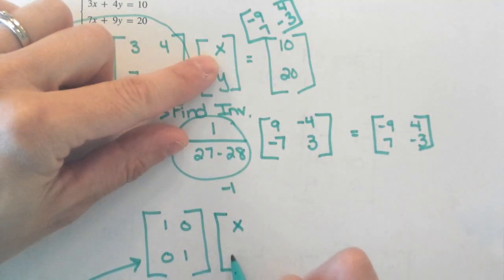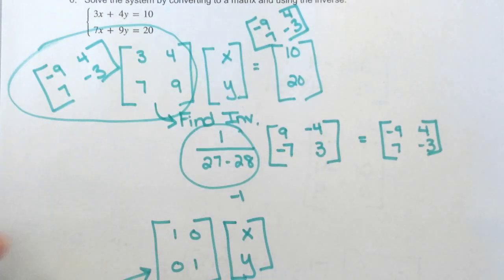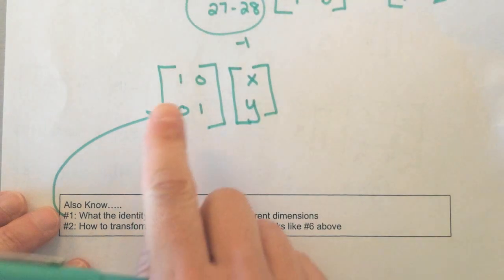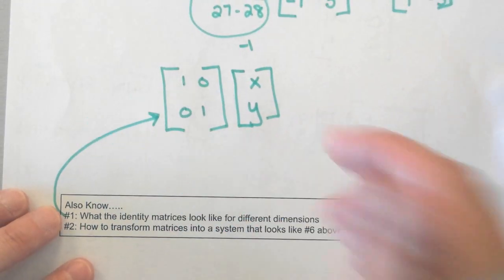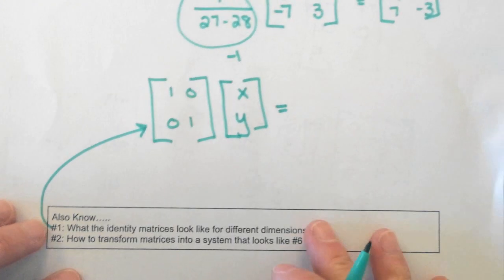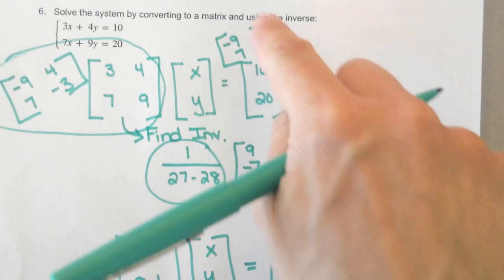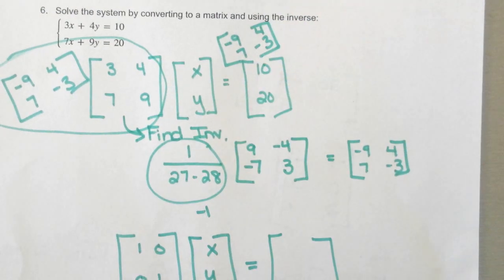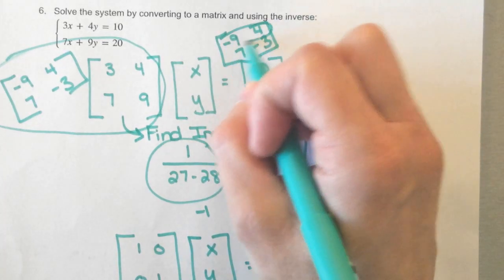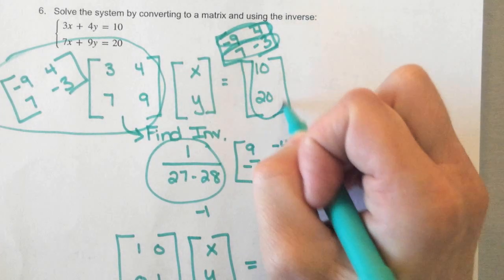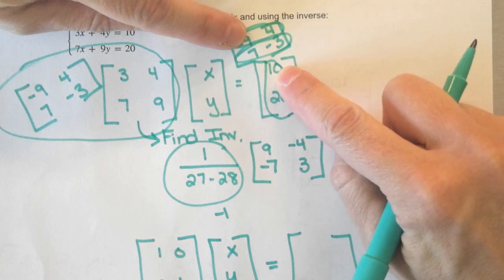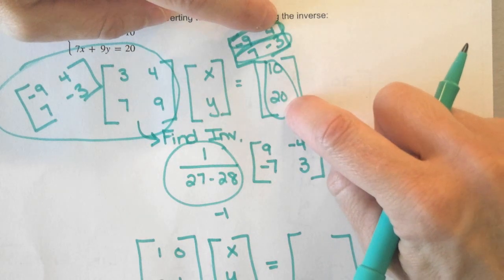Here's my XY. So this is basically like me saying 1x, 1y equals. Over here, I need to actually multiply this out to figure out what x and y equal. Rows by columns. Negative 90 plus 80.